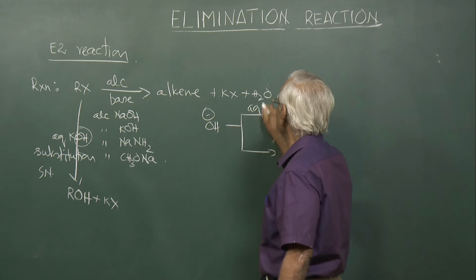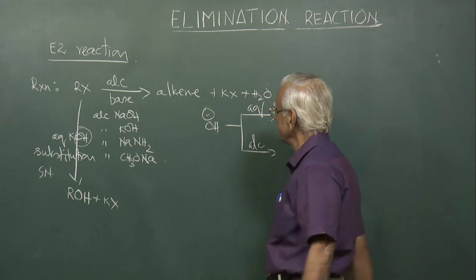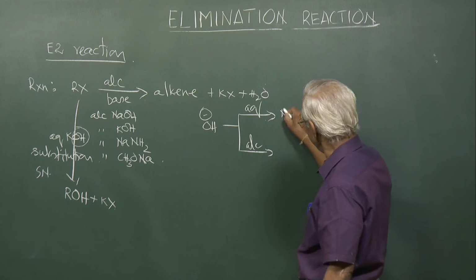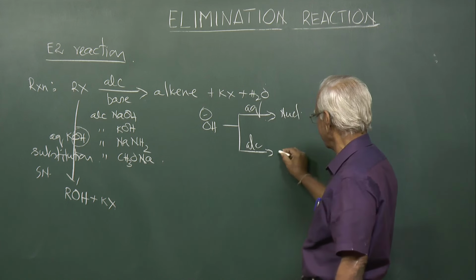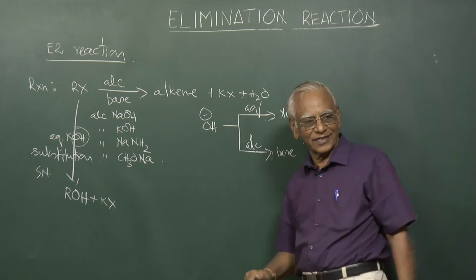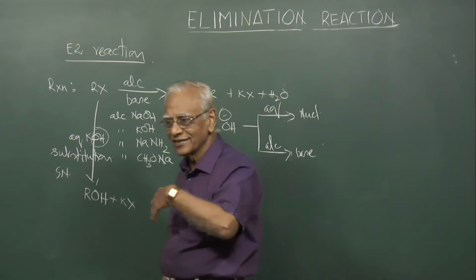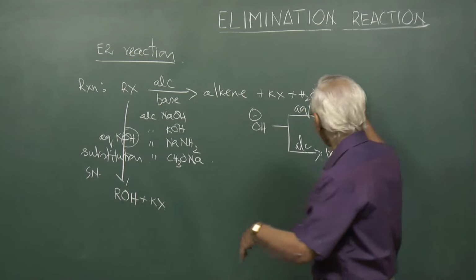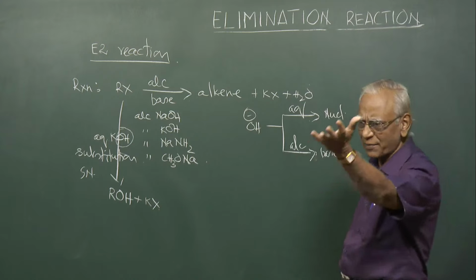One, water. The other one, alcohol. In aqueous KOH, it is used as a nucleophile. Here it is used as a base, isn't it? Previously, we learned why in the presence of water it acts as a nucleophile. Why in the presence of alcohol does it act as a base?